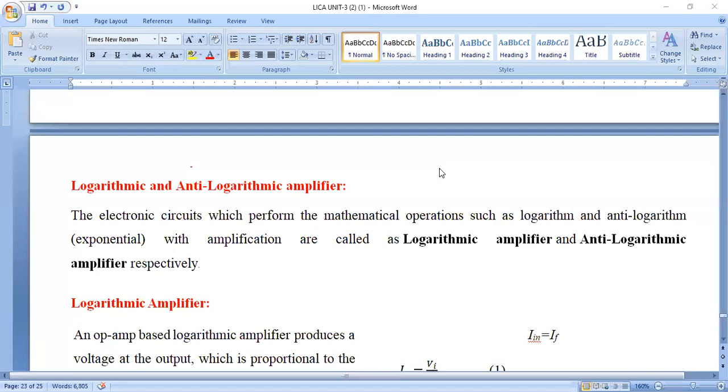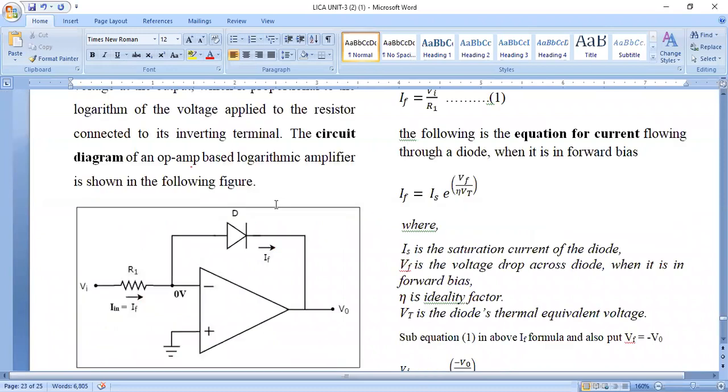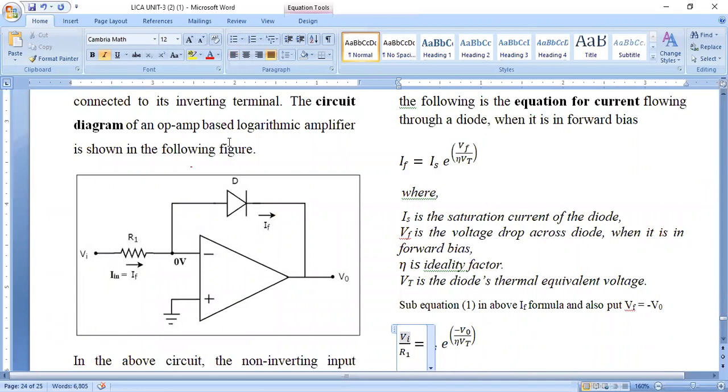In this particular circuit, we will use a diode in the feedback component. We can use a diode or a BJT in the feedback path of the operational amplifier. These amplifiers are commonly called logarithmic or anti-logarithmic amplifiers.